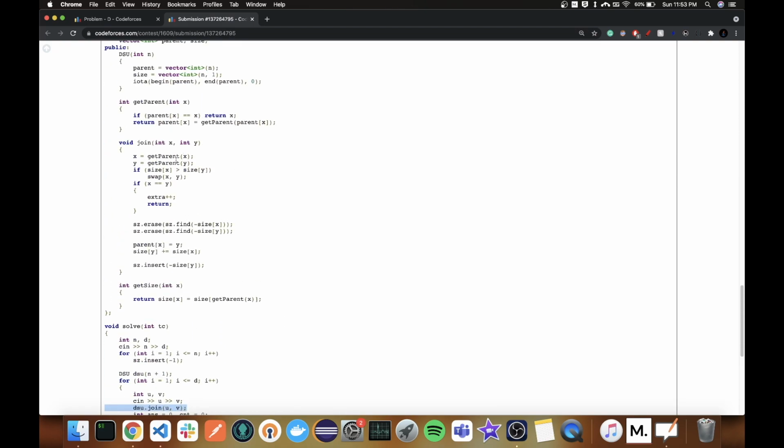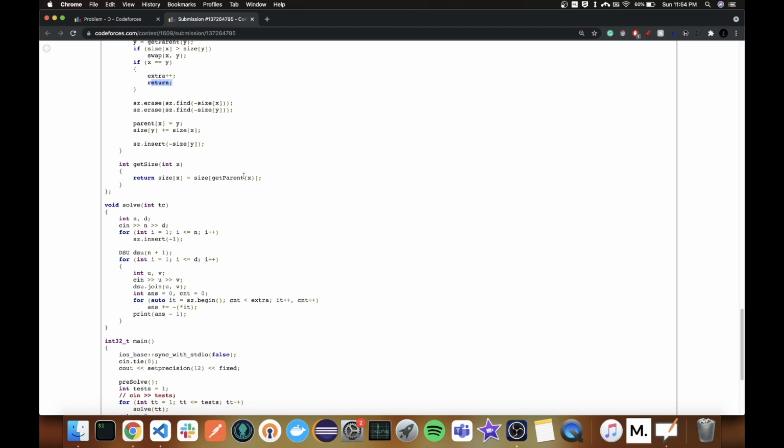Now in the join function I made some changes. If these two already belong to the same component, there is no need for connection. That means we have one extra edge, so I increase this extra variable and I return.